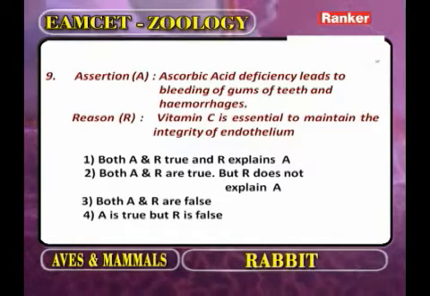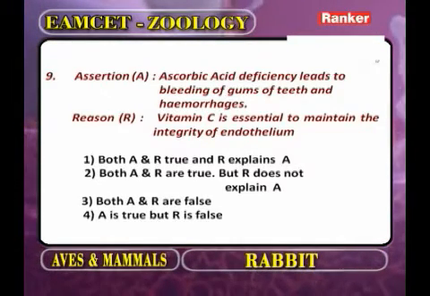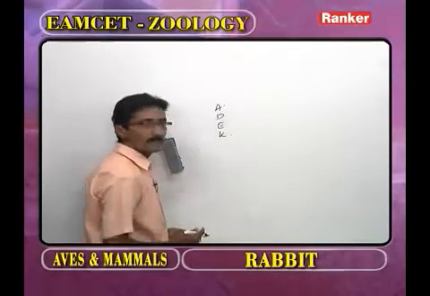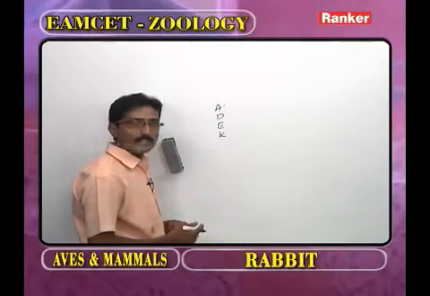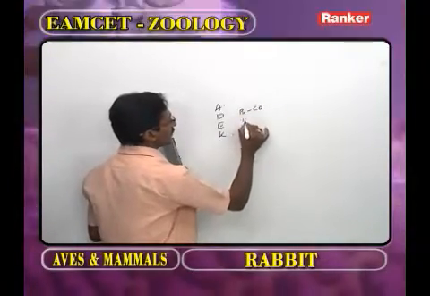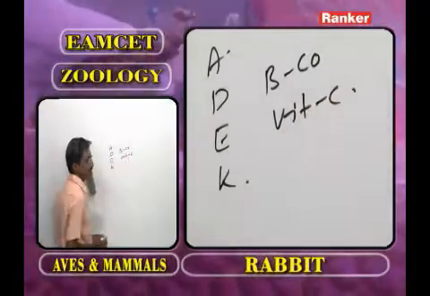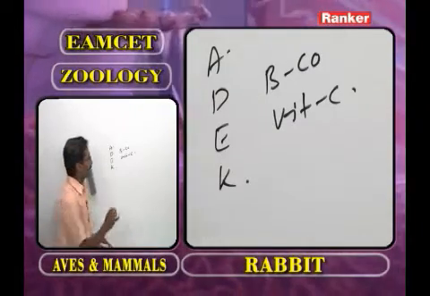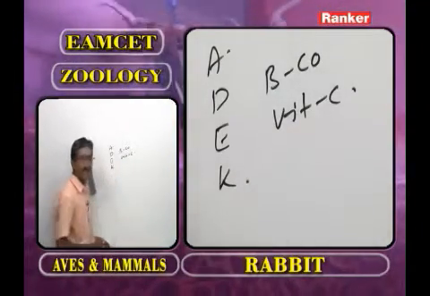One we call fat soluble vitamins. They are vitamin A, D, E, K. And the second type of vitamins are the B complex vitamins and vitamin C. Now what is meant by ascorbic acid? It is nothing but vitamin C.